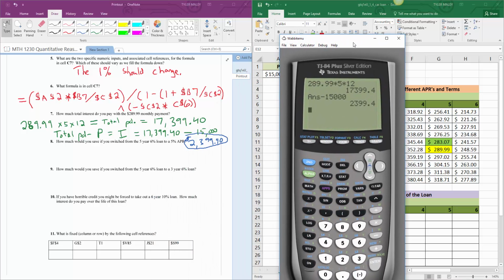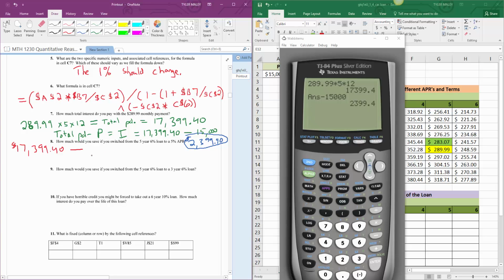So we can certainly figure this out. So I already know that I would pay $17,399.40 total from the previous one. So then if I subtract off how much I would pay total if it was a 5% loan, I could easily calculate that.